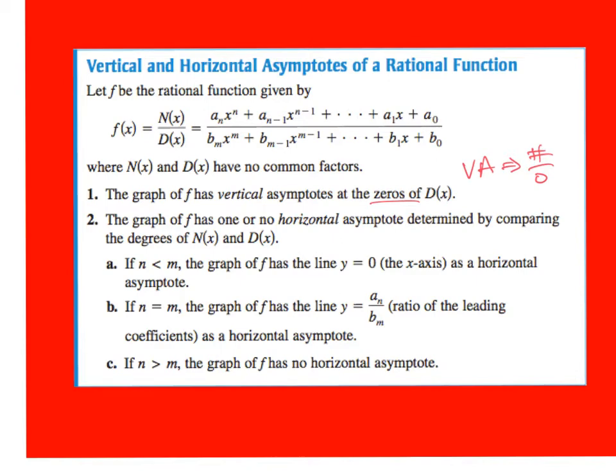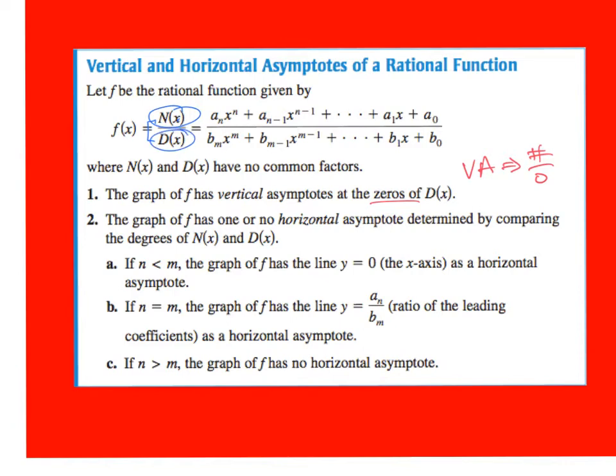A horizontal asymptote is what's called an end behavior. And I'm going to freestyle these a little bit. You guys know how this works. So if your numerator is higher, you don't have one. Remember? If your numerator and denominator are the same, then you just look at the coefficients. And then if the denominator is bigger, it's y equals 0.